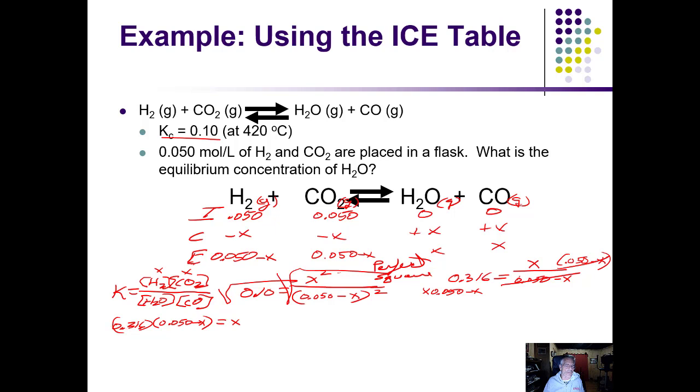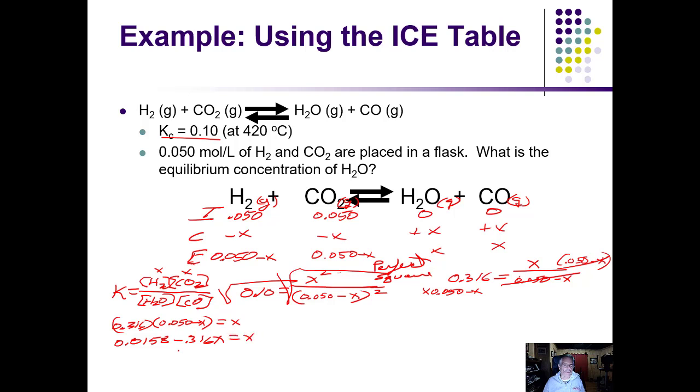So I'm going to go ahead and distribute the 0.316 through the parentheses. When I do that, I get 0.0158 minus 0.316x. That's just multiplying 0.316 times 0.050, and 0.316 times minus x is equal to x.